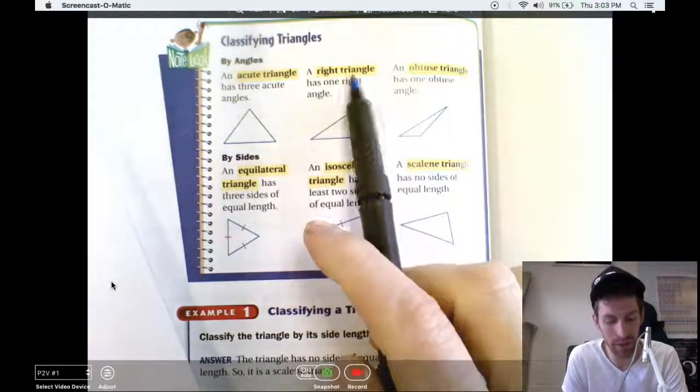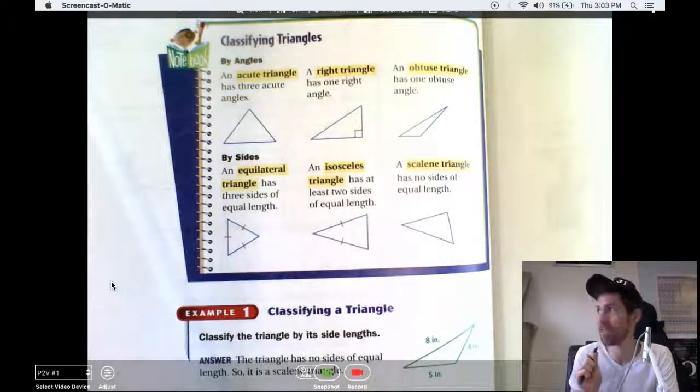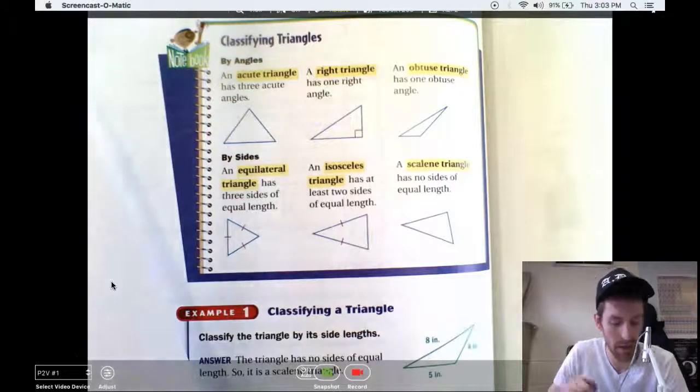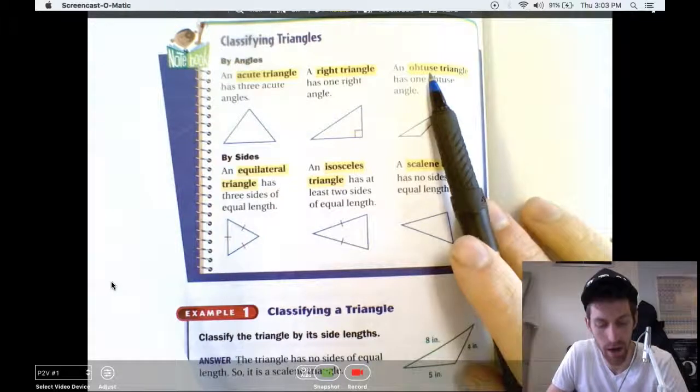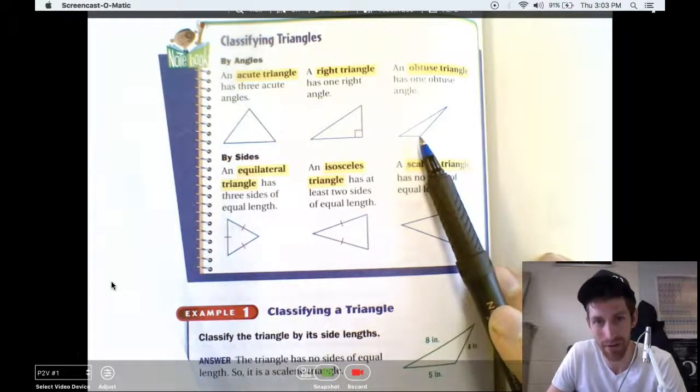If it's a right triangle, one of the angles is a right angle. It is physically impossible to make a triangle with more than one right angle. If you can do it, I'll give you $100. Show it to me. All right, and then obtuse triangle means that there is one obtuse angle.